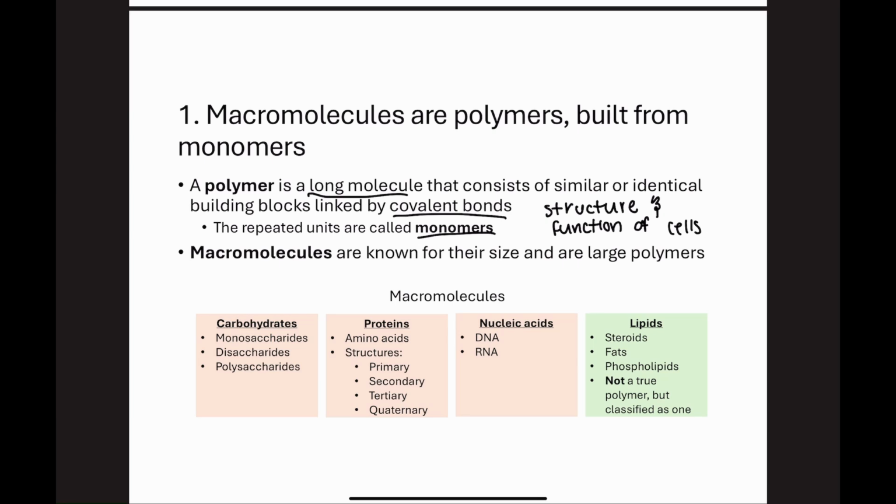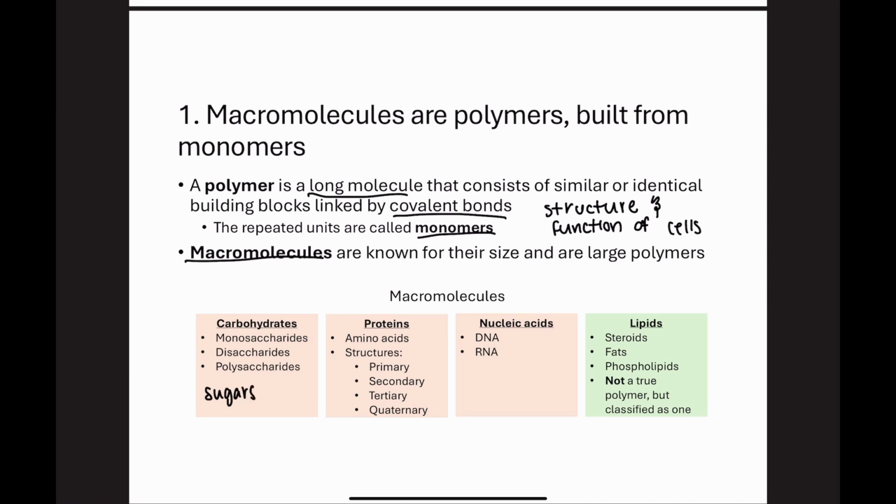And when we have large polymers, that's when they become known as macromolecules. And macromolecules are known for their size and for their complexity. And they're going to carry out a variety of functions that we see in living organisms. So we have four groups of macromolecules, which include carbohydrates. And we can think of carbohydrates as our sugars.